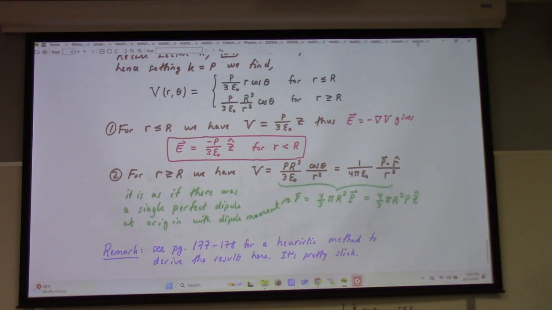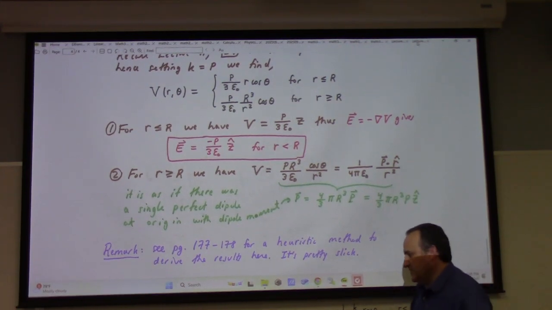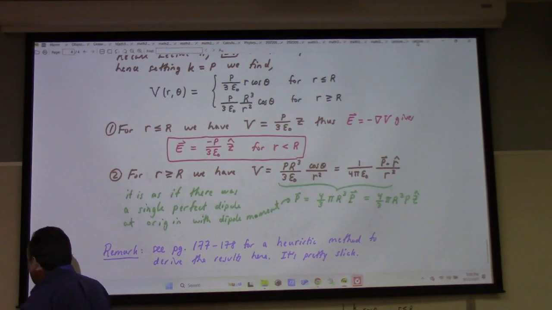What do you mean by dipole moment? Well, we defined that last class. It's part of the multipole expansion. It is an idealization. The physical dipole literally means plus q, minus q, a distance d apart.